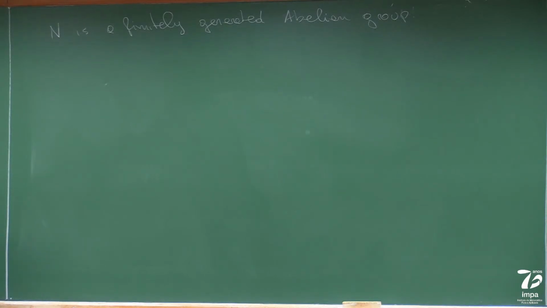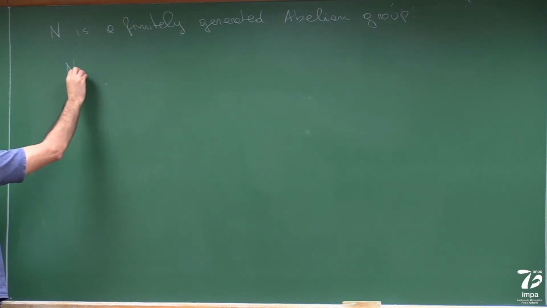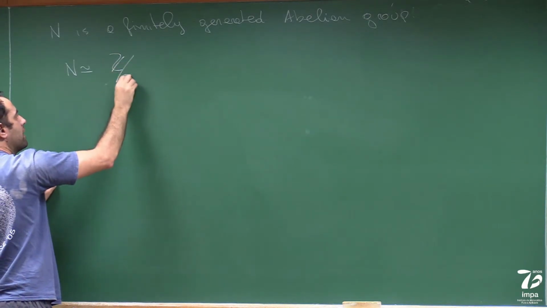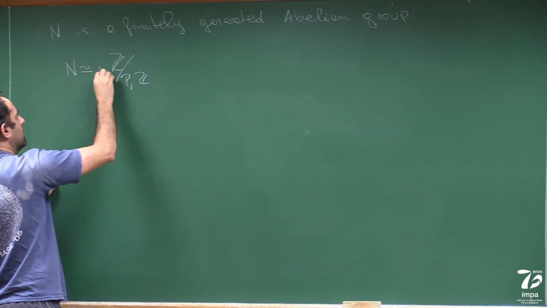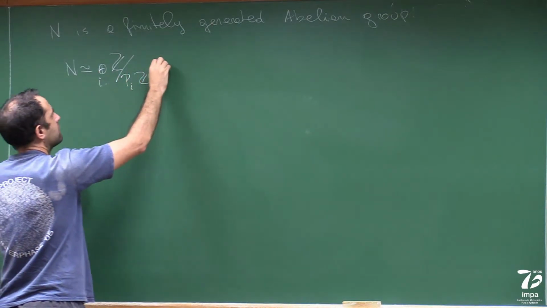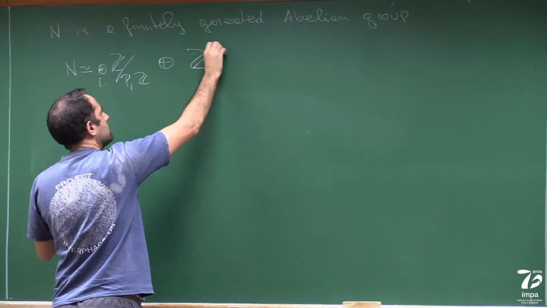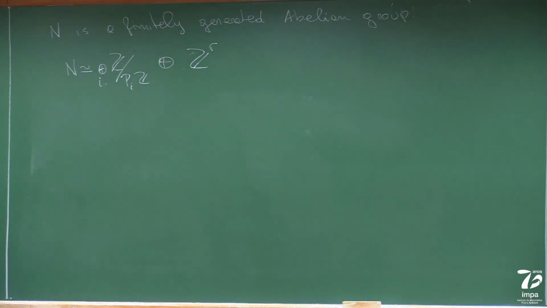Well, then in that case, N is just a direct sum of a bunch of Z/p^i's and a direct sum of a bunch of copies of Z. So I can just put Z to the r. That's because every finitely generated abelian group is of this form.